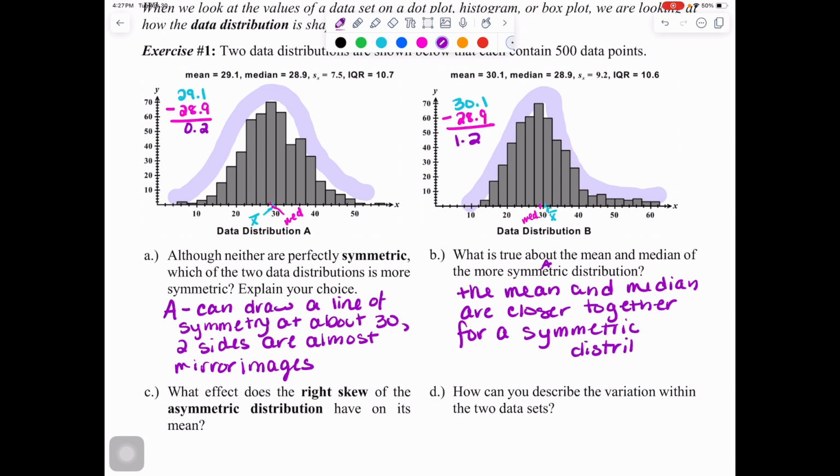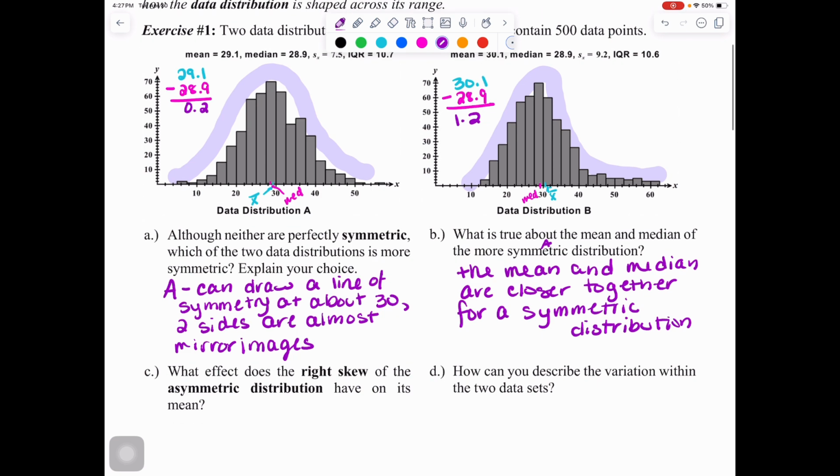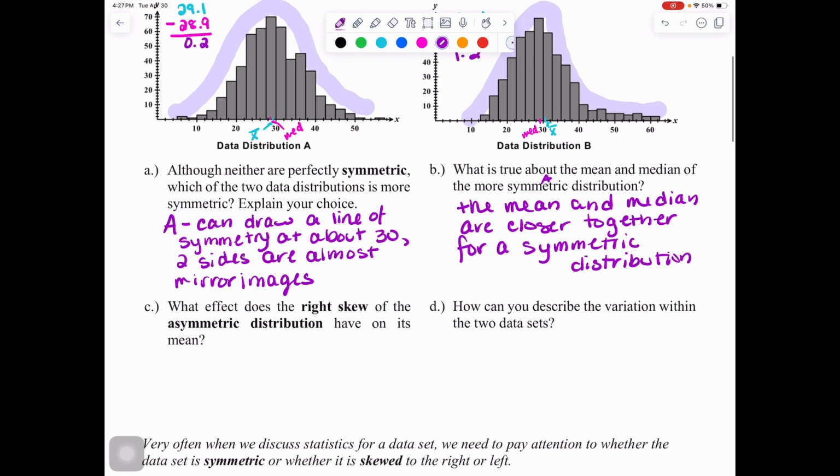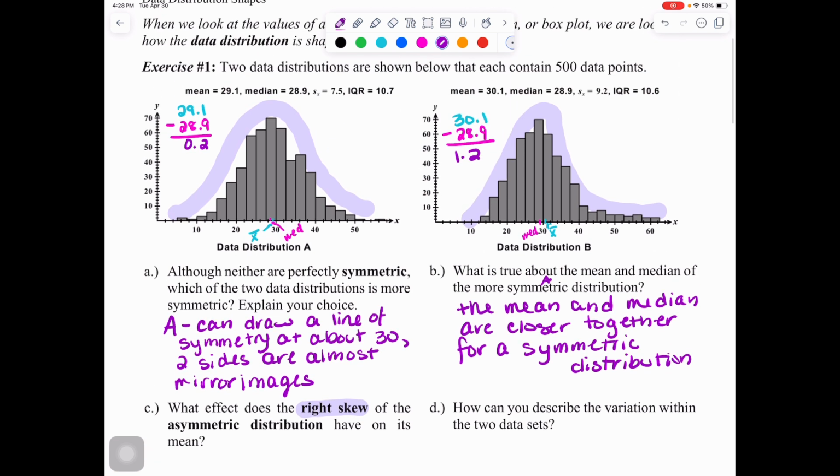In part C, it says, what effect does the right skew of the asymmetric distribution have on its mean? So let's highlight some of these words. Right skew is referring to the fact that when I go back up here and look at distribution B, I went up and down, but I had this extended portion to the right, which is the right skew that they're talking about.